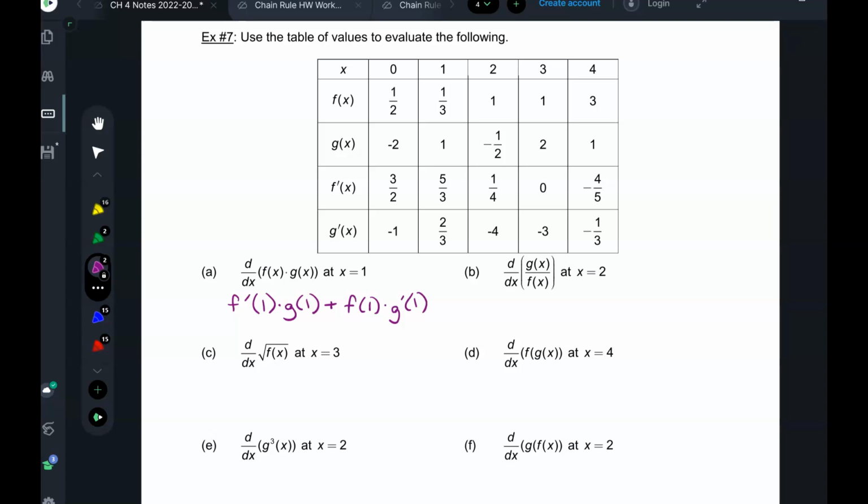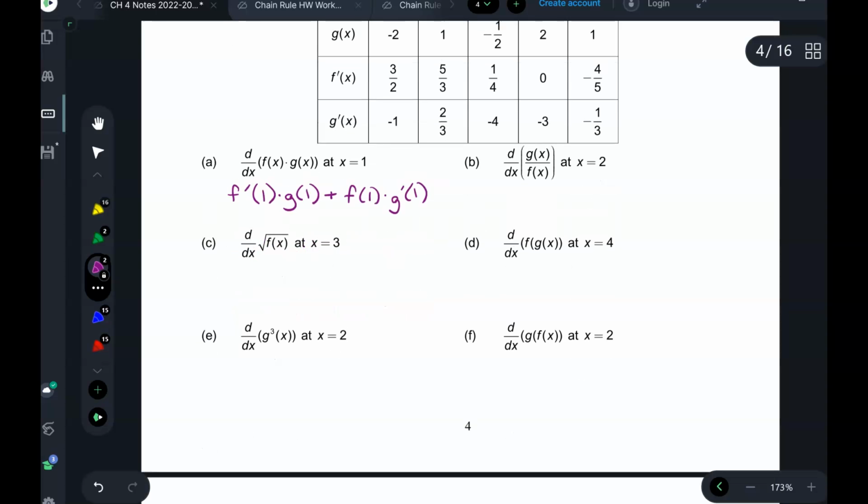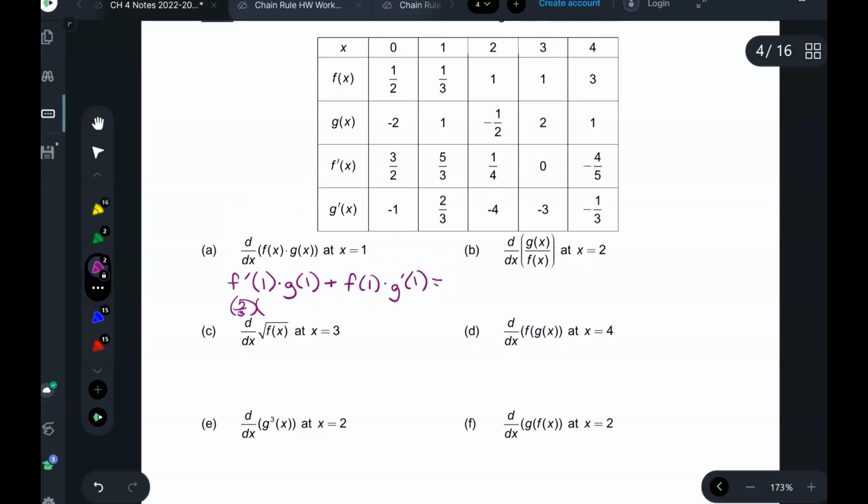No. Okay, so if we do f prime of 1, here's 1. So that's 5/3. Oh, I didn't give you very much room here, did I? Sorry about that. 5/3. And then g of 1. What's g of 1? 1. Plus f of 1, so that's 1/3, times g prime of 1, which is 2/3.